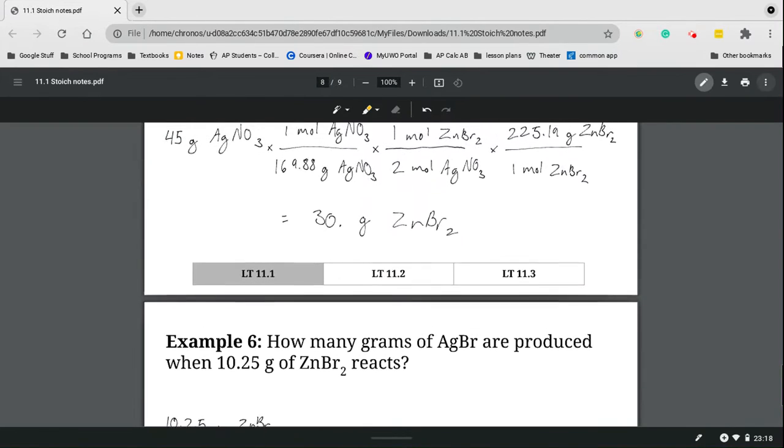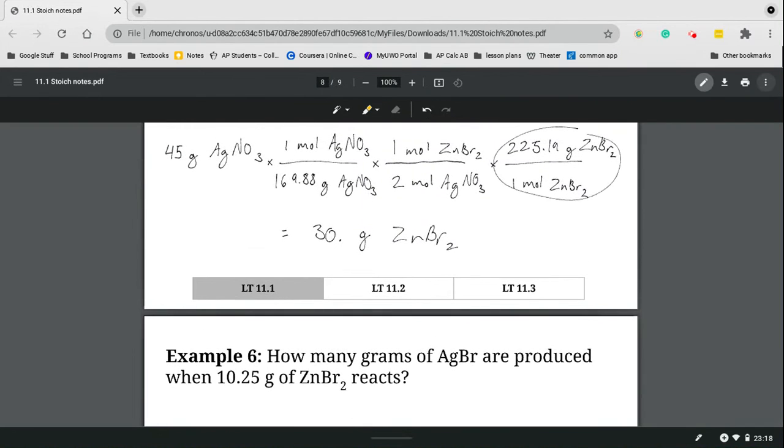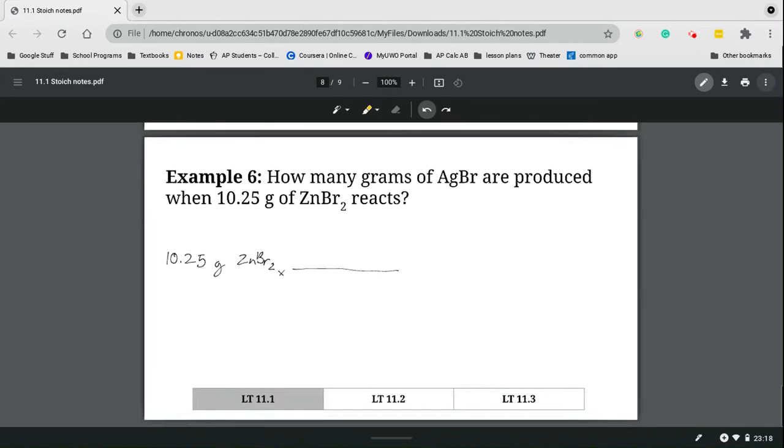Calculated earlier up here, how many grams in a mole? So let's use that again. 225.19 grams ZnBr2 in every mole.